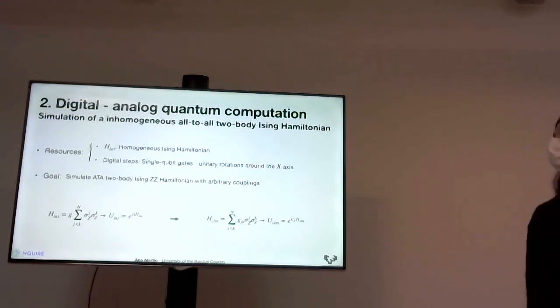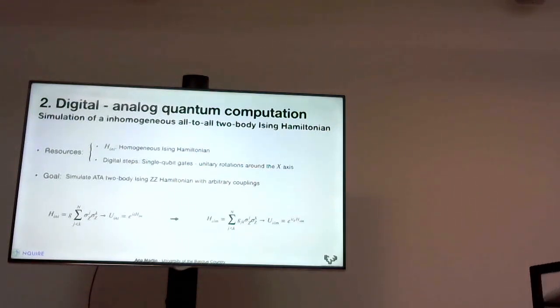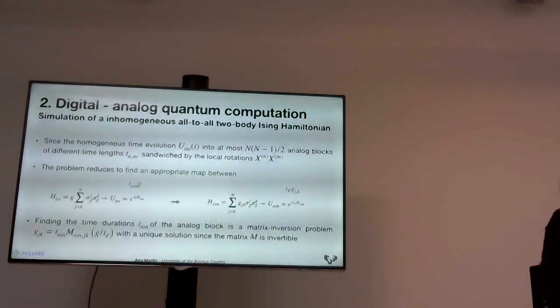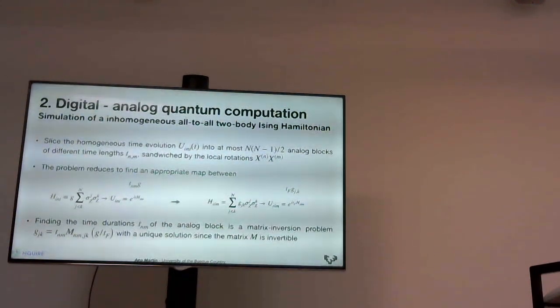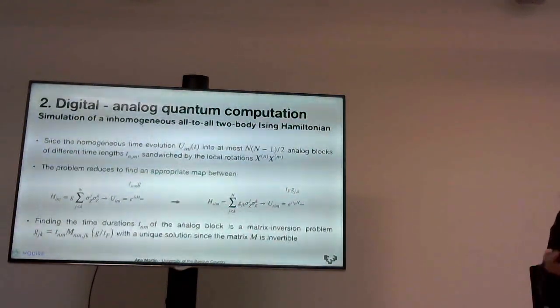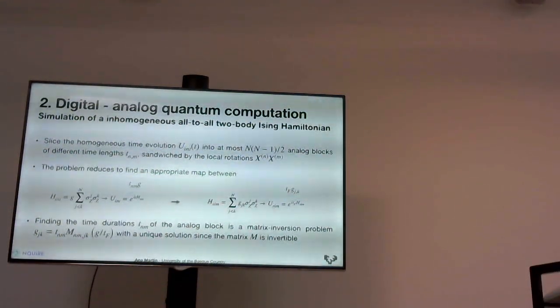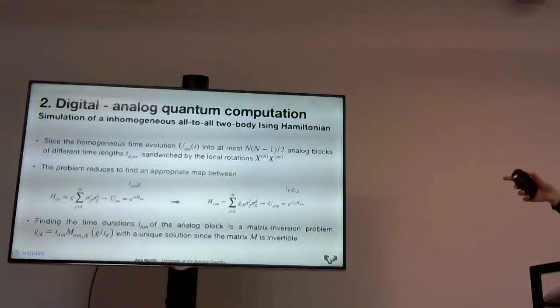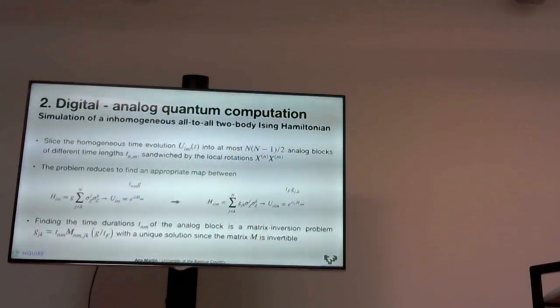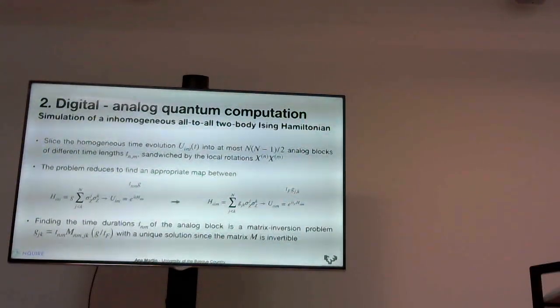which is an all-to-all two-body Ising Hamiltonian of arbitrary couplings, as I mentioned. So by slicing the homogeneous time evolution into at most that amount of analog blocks of different time lengths, and then sandwiching those slices by single qubit rotations, the problem is reduced to finding an appropriate map between the time of the slices and the total amount of time of the simulation unitary that we want to implement.